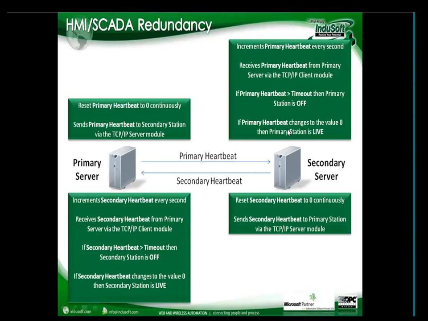So the secondary station concludes that the primary server is live. You do exactly the same algorithm on the other station for the secondary heartbeat, and then the primary server knows if the secondary server is either off or live.